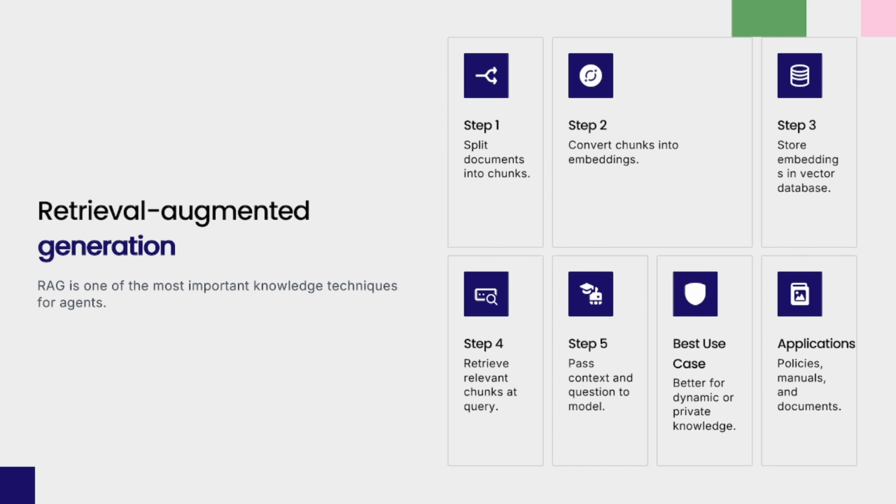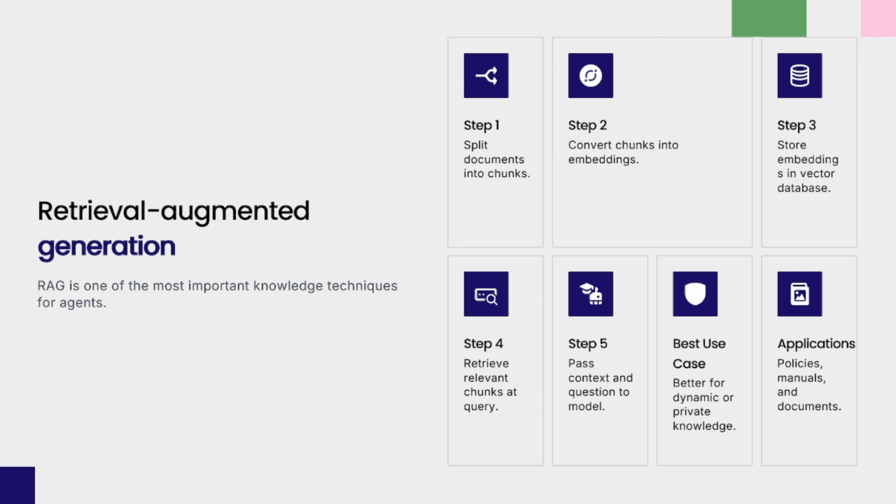Then we have another one here, which is retrieval augmented generation, RAG. It's a very important topic in generative AI and agentic AI systems, because it prevents LLMs from hallucinating.